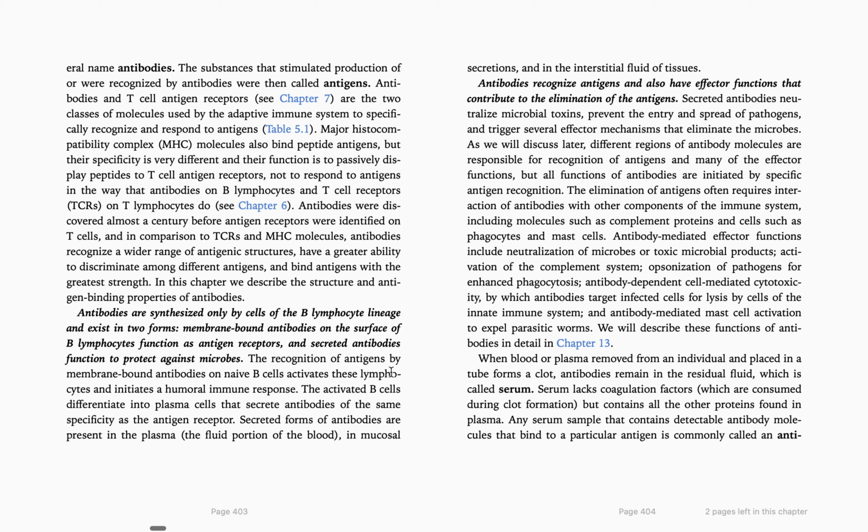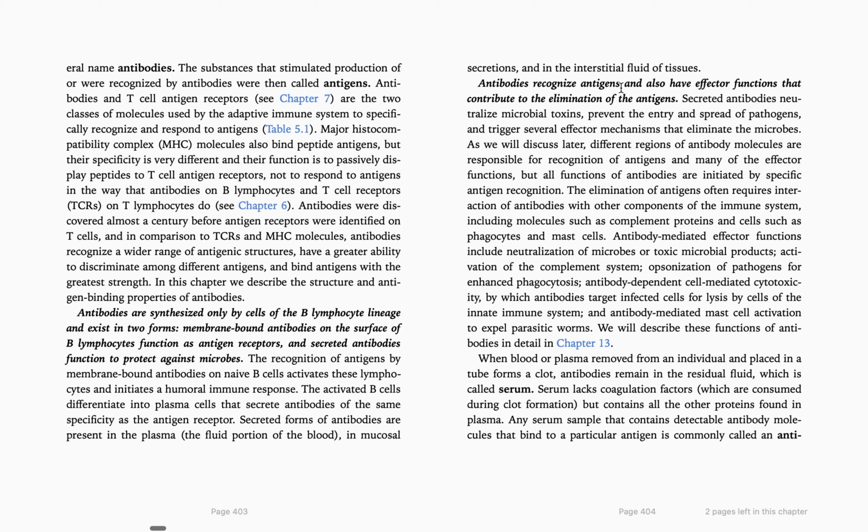The recognition of antigen by membrane-bound antibodies on naive B cells activates these lymphocytes and initiates a humoral immune response. The activated B cells differentiate into plasma cells that secrete antibodies of the same specificity as the antigen receptor. The secretory form of antibody is present in the plasma, the fluid portion of the blood, in mucosal secretions, and in interstitial fluid of the tissue.